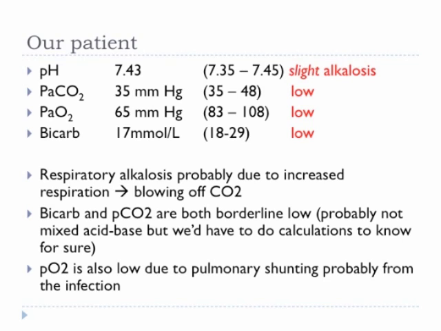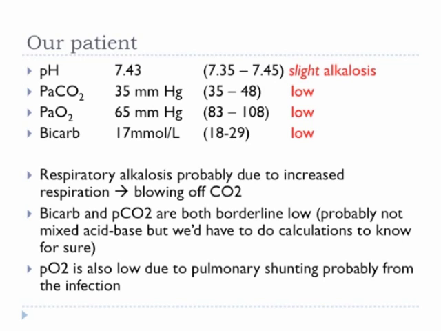So now that you know all about acid-base physiology, let's go to our patient. Okay, so looking at his blood gas values, his pH is 7.43, which is still pretty normal, but you could say it's higher than 7.4, so slightly alkalotic maybe.